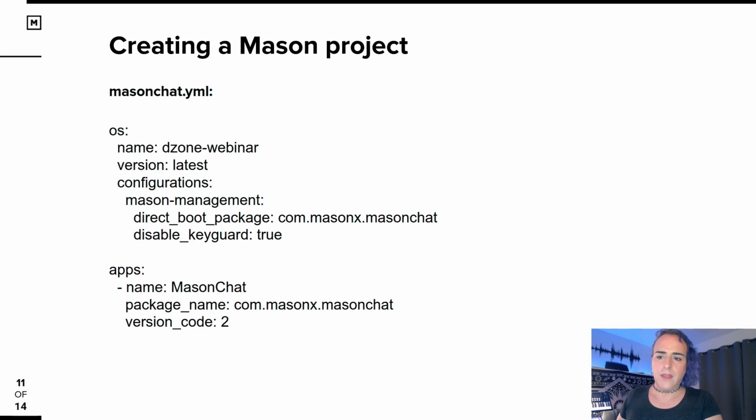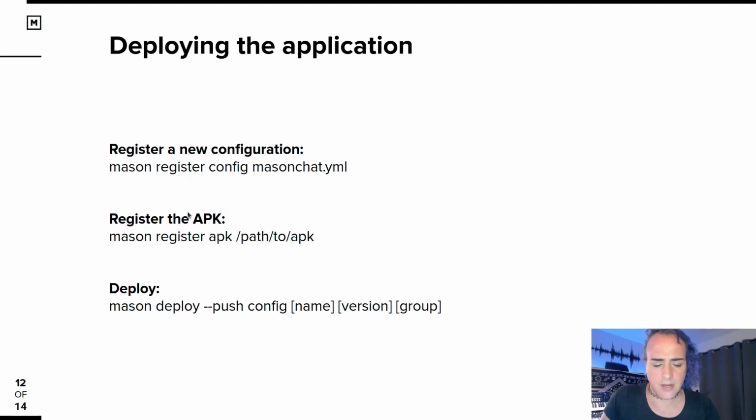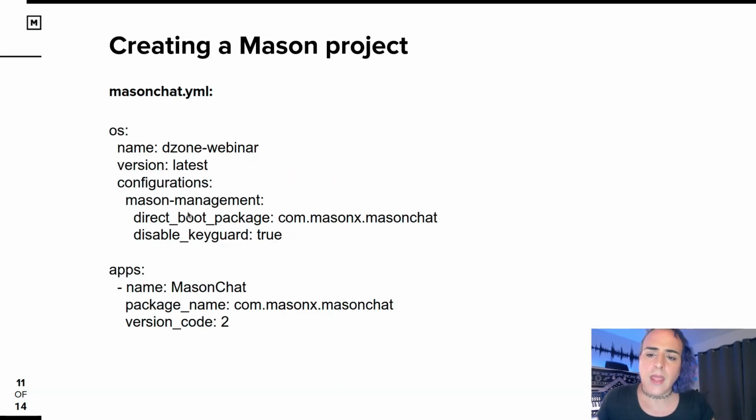Now, in the OS information, we want to describe the name of our project, in this case, DZone webinar. We want the latest version. And we're also going to talk about the configurations that we need. So the main thing is this direct boot package. And you'll see below here, in our list of applications, we have Mason Chat, and we list out the package name and the version code for it.